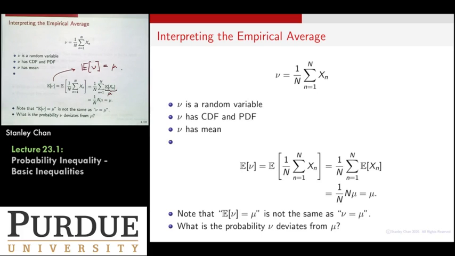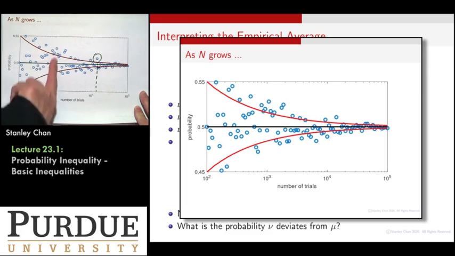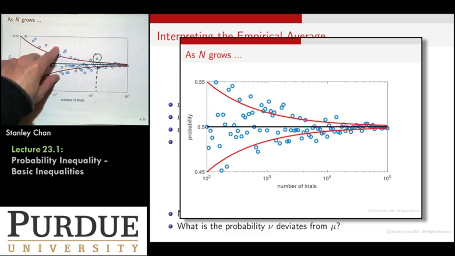Now, if you go back one slide, you see that all these blue circles are moving around. They have their own distribution at whatever n. So for a particular n, you have a distribution, but the mean of this distribution remains the same.